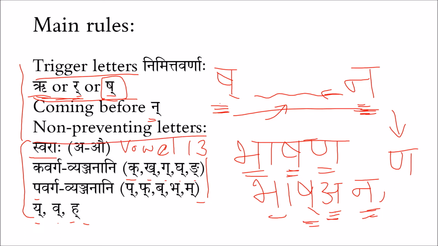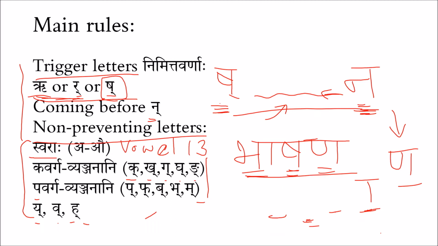The 13 vowels and these 13 consonants do not prevent changing of na to Ṇa. That is what is shown here. Like for example, bhasha na, there is a vowel in between. And the trigger letter is sh, so the na changes to Ṇa.